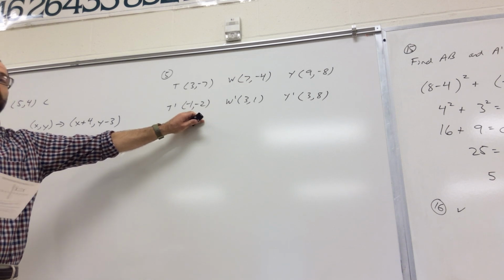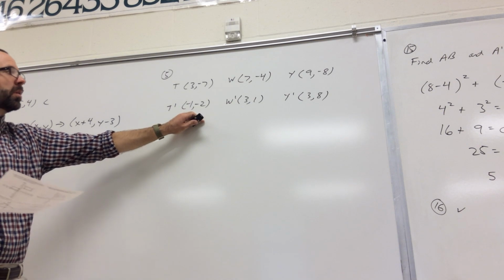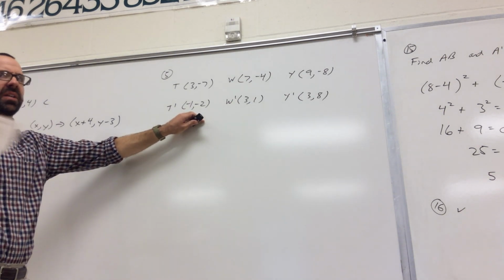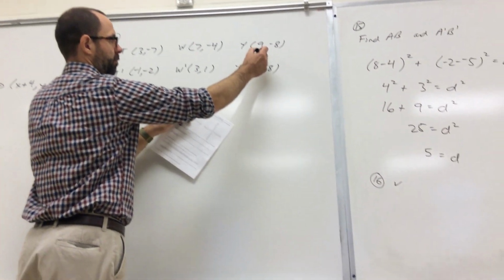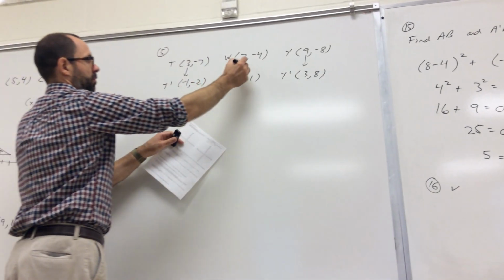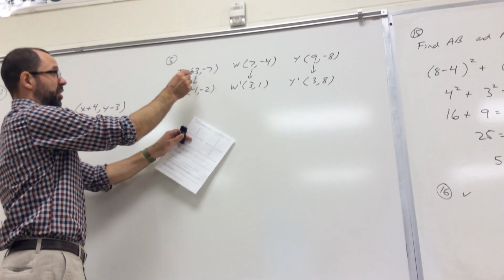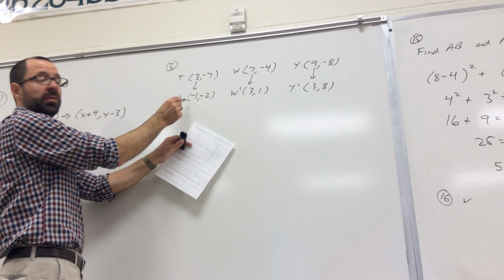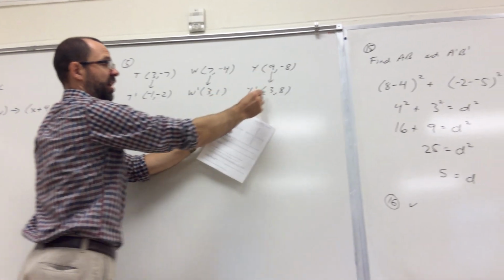Okay, Charlie? Because y is totally different from t and w. What do you mean by totally different? So you get from 3 to -1 is 4, and then you get 7 to 3 is also 4, but you get 9 to 3 is 6. So here it's being subtracted by 4, here it's being subtracted by 4, but here it's being subtracted by 6.